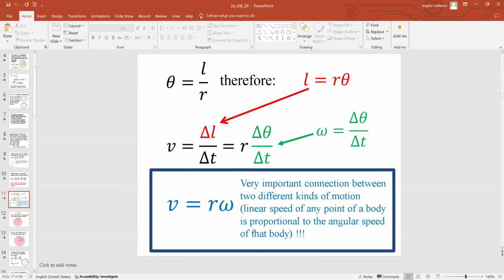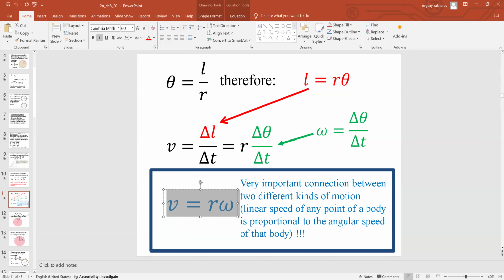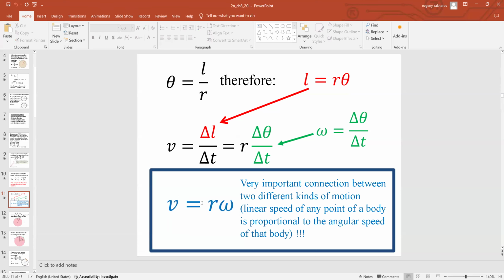So linear velocity is r times angular velocity, and linear acceleration is r times angular acceleration. You have to keep those connections in your mind. And every time a problem is dealing with linear motion and rotation of some kind, you can connect those two motions with those equations. So v is r omega and a is r alpha.